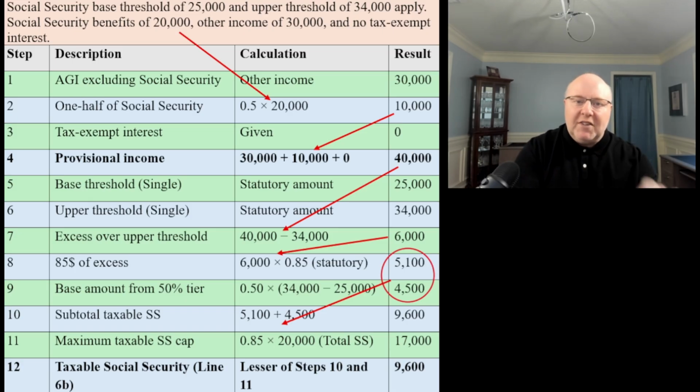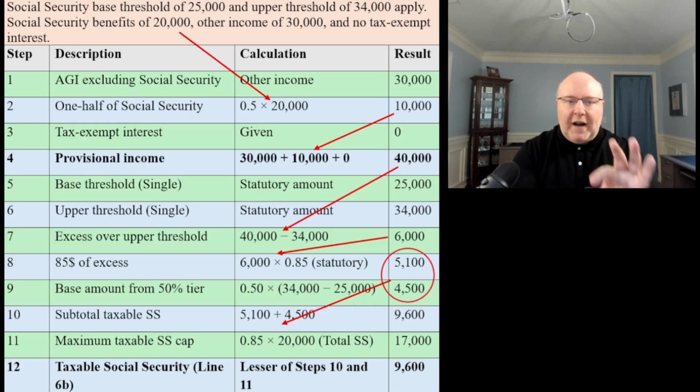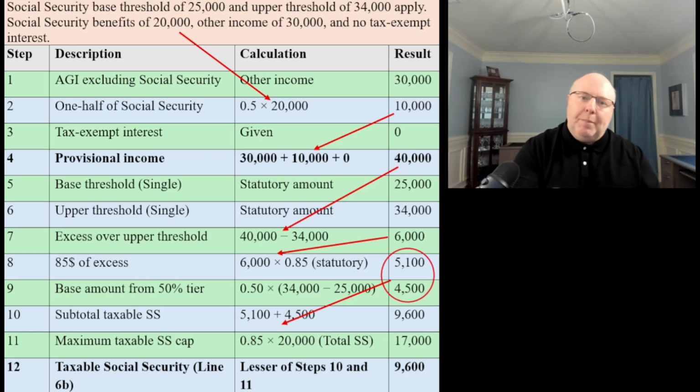So we go $6,000, which we just calculated, the 40 minus the beginning upper bracket, times 0.85. That gives us $5,100. Okay, so we're going to include $5,100 to be taxed. That $5,100 so far is set to the side, but that's going on line 6B, because that's going to be added into AGI taxable income, and we're going to eventually pay taxes on that.